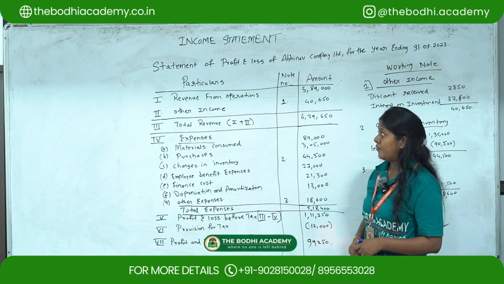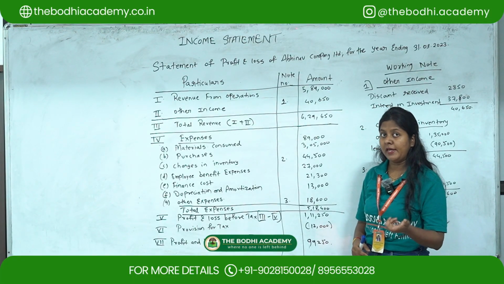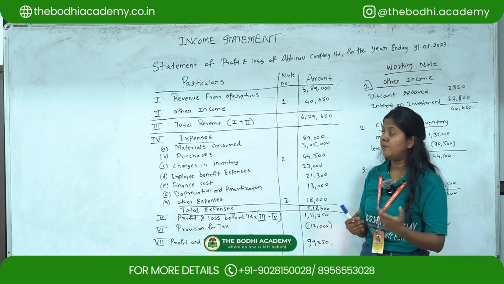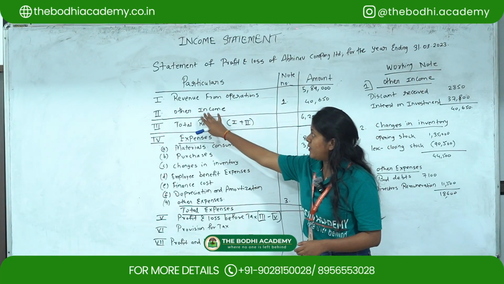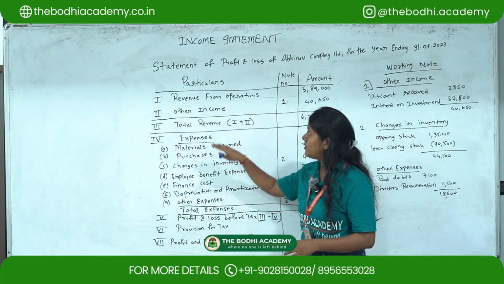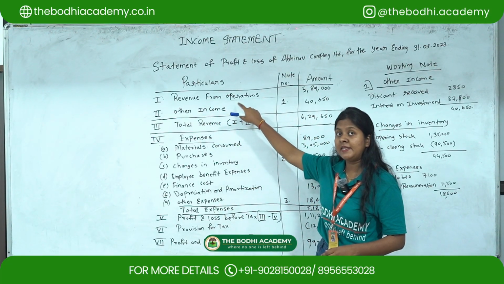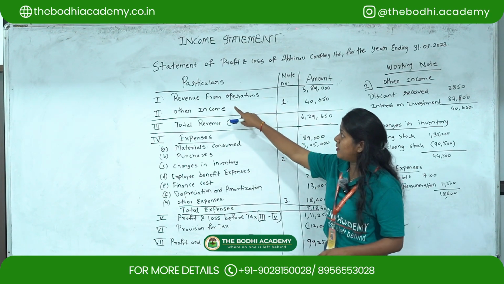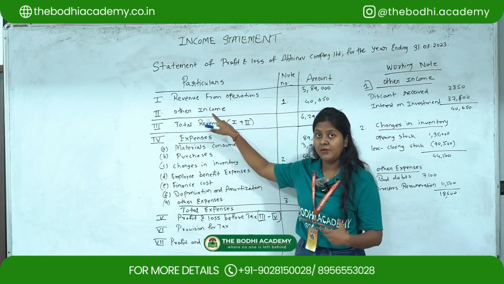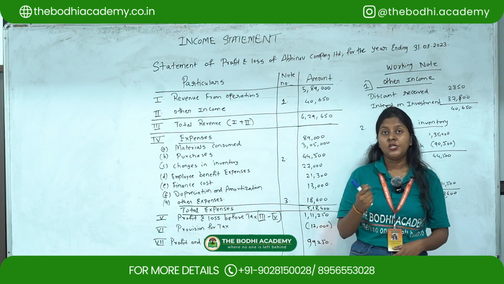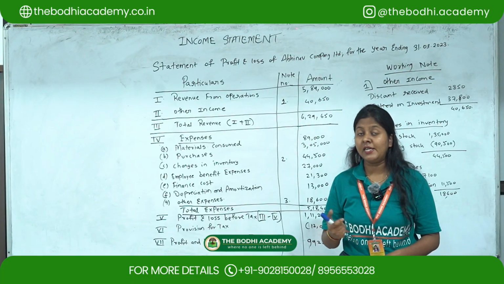Revenue is your total earning, what you get after selling the particular goods. Then the second one is your other income. This is the income other than sales, whatever income you receive, like discount received, share transfer fee received, interest received.